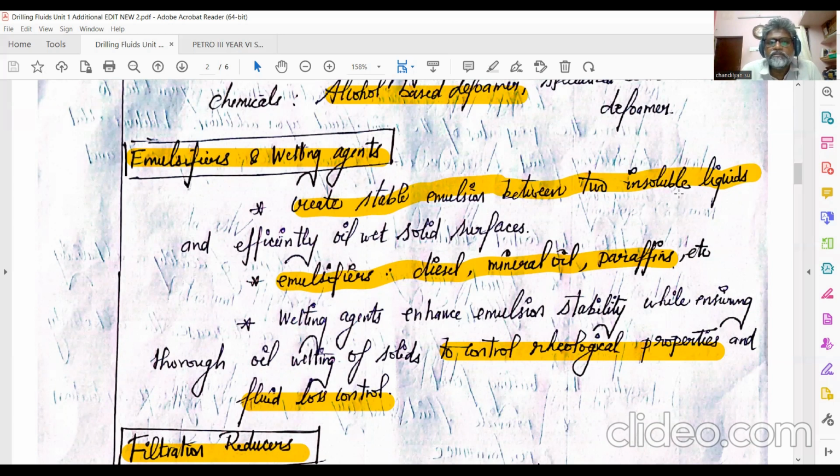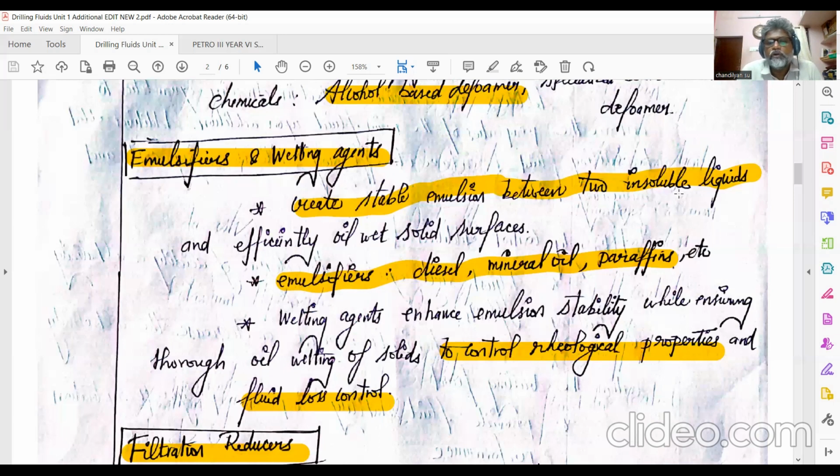It also has wetting agents, the chemicals which will wet and keep the cuttings oil wet always, not water wet, oil wet always to have a slimy surface, to lubricate it, and to keep the water content always present there, because a little bit of oil is going to keep the water present there for a longer time.